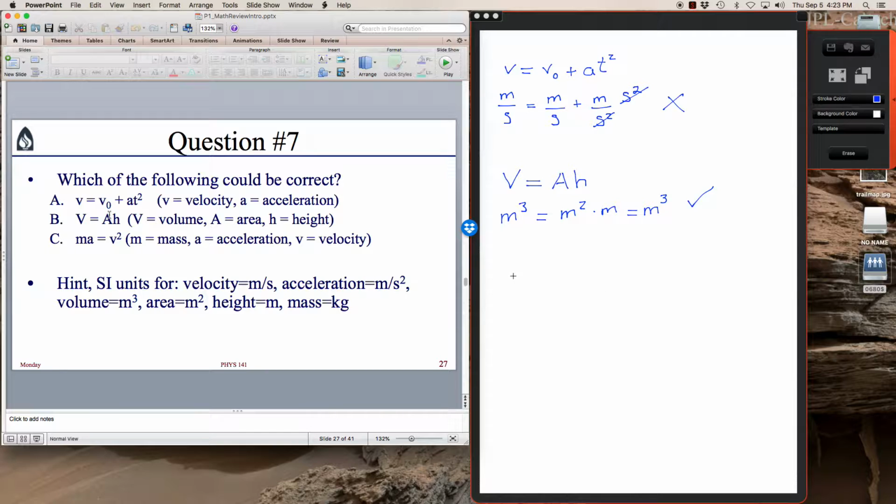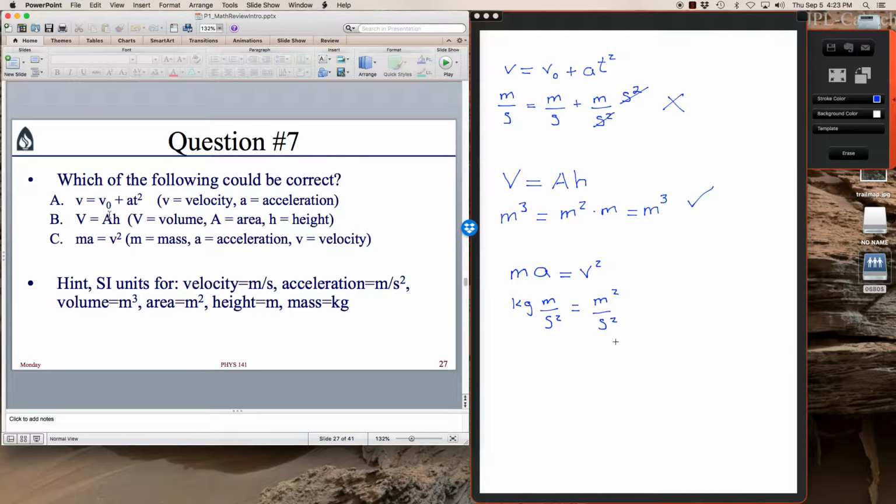Now, just for the sake of completeness, let's look at C. For C, I have a mass times an acceleration, and I'm suggesting that that's equal to velocity squared. So mass has units of kilograms, acceleration has units of meters over seconds squared, and that's going to be equal to velocity squared, so that's meters over seconds, and both of those get squared.